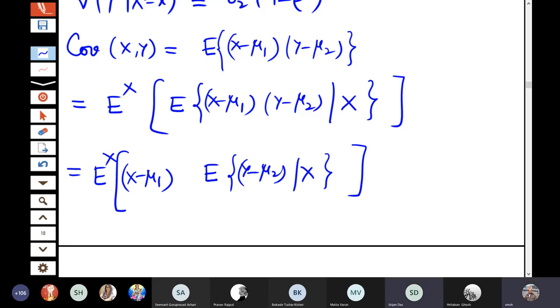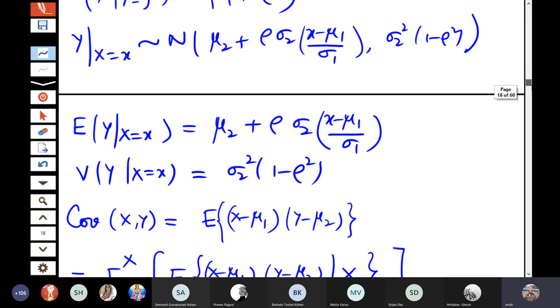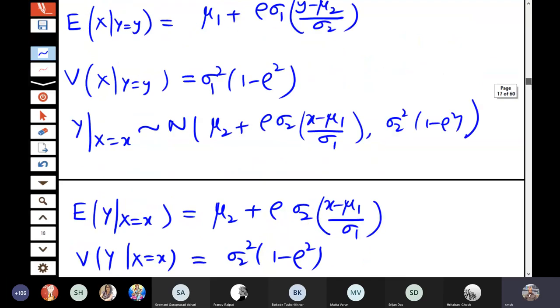And what is the value of this expectation of y minus mu2 given x? See, expectation of y given x is mu2 plus rho sigma 2 by sigma 1 into x minus mu1. So expectation of y minus mu2 given x is rho sigma 2 times x minus mu1 by sigma 1.